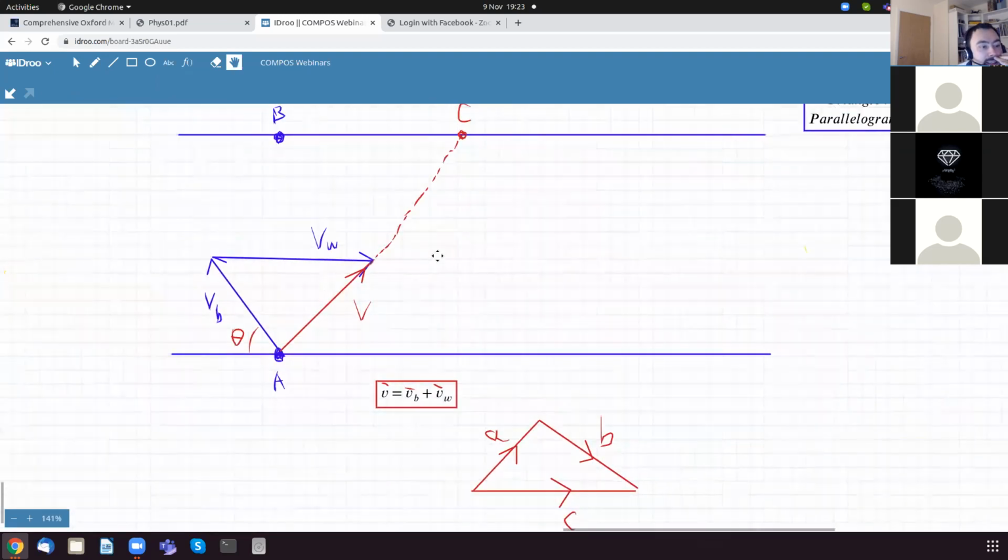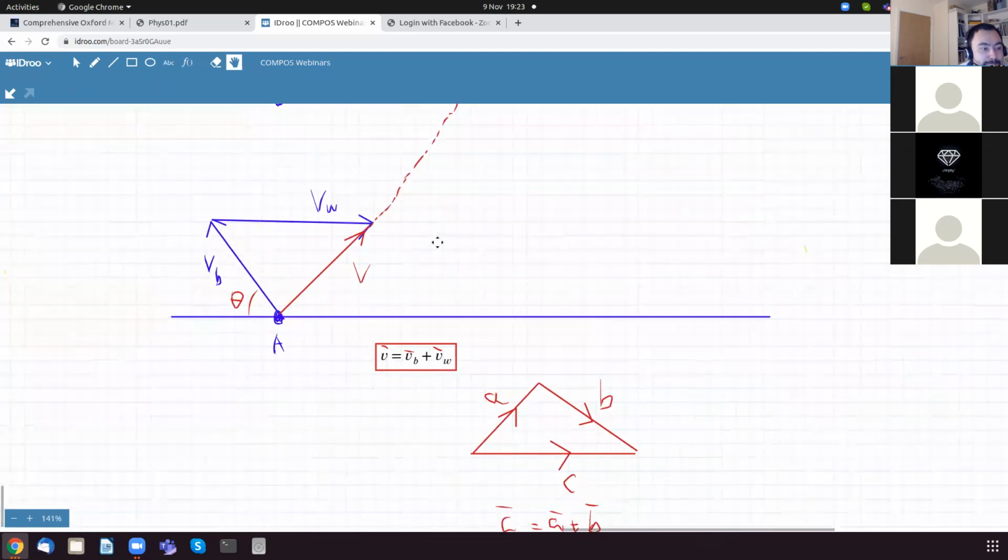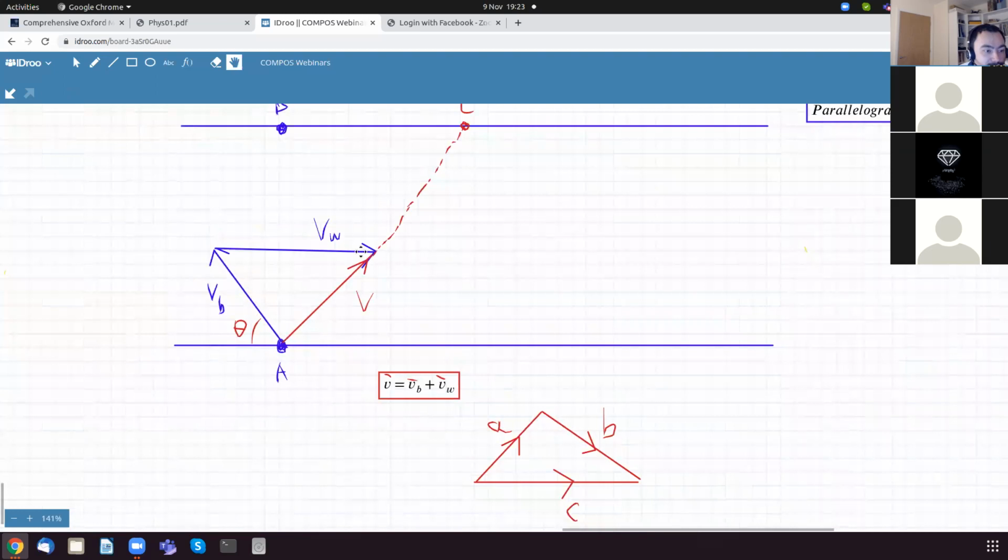Okay. So basically, what's going on here? You can see that if you change this angle, because this is the velocity that you choose, this is the thing you can control. The velocity of the boat, because you choose the direction of the boat. If you change the velocity of the boat, this changes.